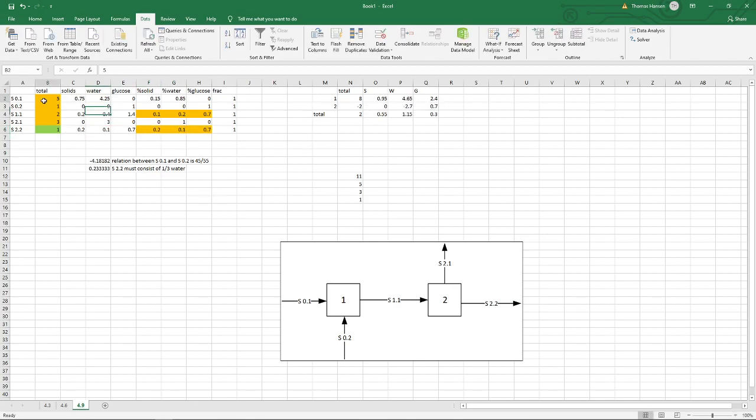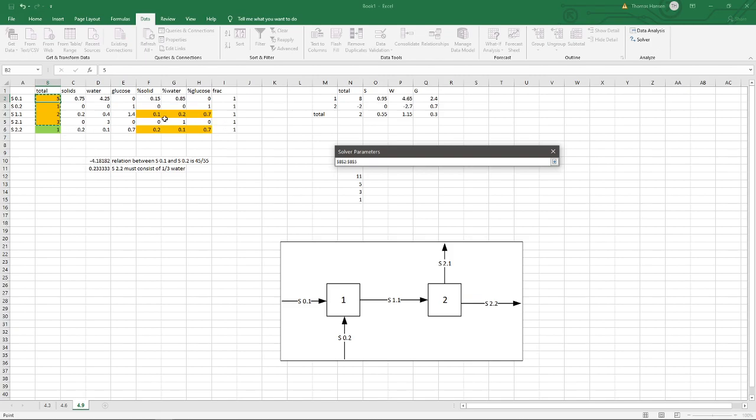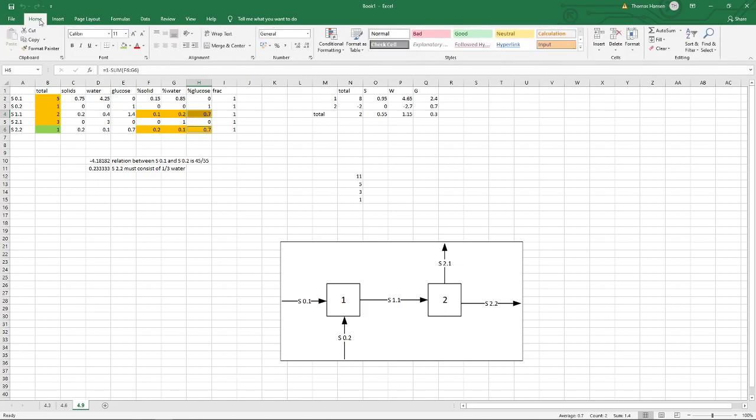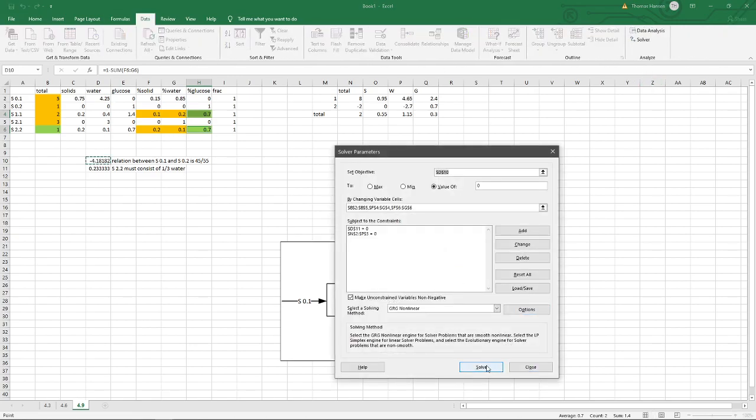This. And then I just need to check my conditions again, because Excel can only change these, these and these. And just to be nice, I will add the green color to these and solve it. Let's see what happens.